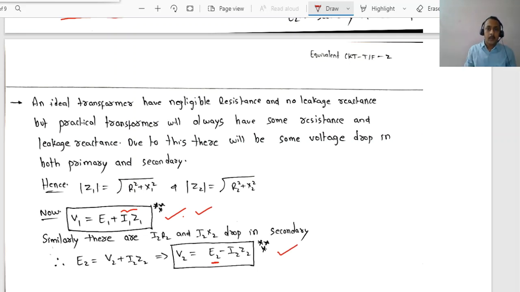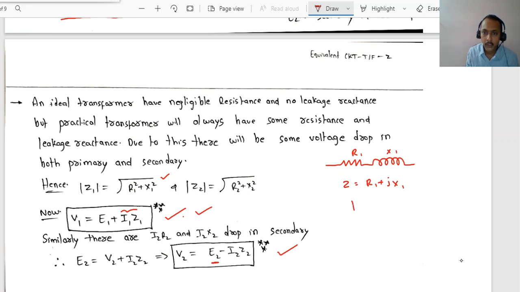Okay. Now, what is the impedance? Impedance on the primary side, Z1, is root over R1 square plus X1 square, because on the primary side you are having a resistance like this and reactance like this. As you have seen in the DC circuits and AC circuits chapters, the impedance is given by Z equal to R1 plus jX1.